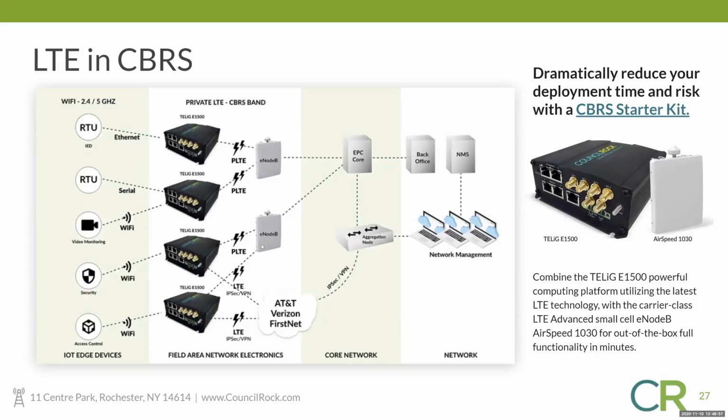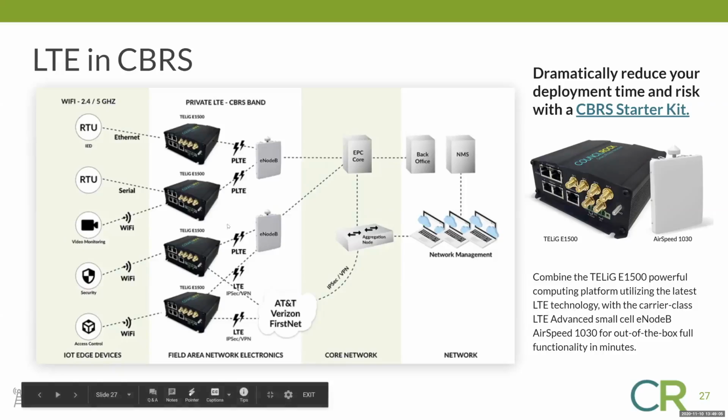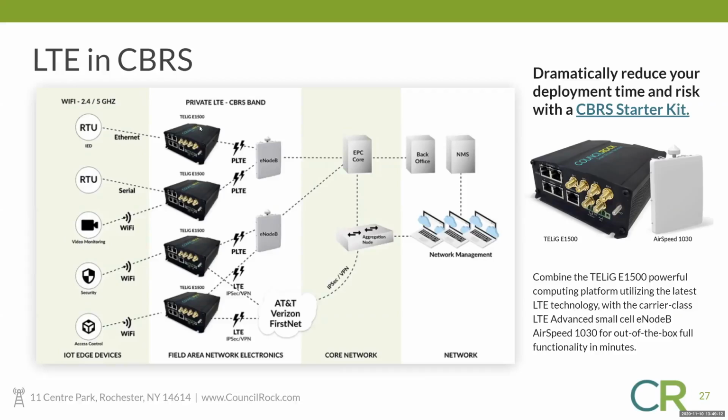It needs to have connectivity to the SAS, and the Telic or the CPE device here, if it's an end user device, if it's mobility, you don't need to have connectivity to the SAS. But if it's a category A or category B device, because it's connected through another CBSD device, which is the eNode B, it will have to relay some communications to the SAS in order to continue to operate.